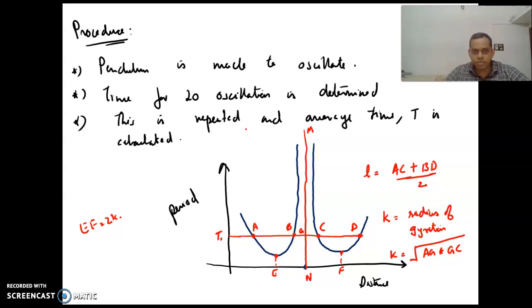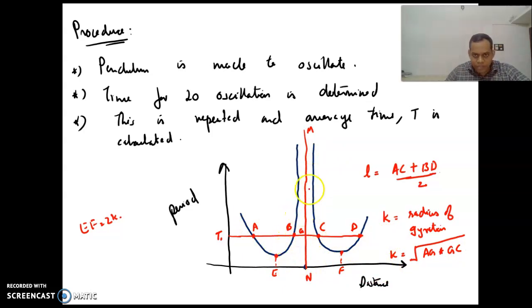We will be noting the time for ten oscillations, and we will be repeating the procedure for different distances, and repeating a number of times so that we will be able to get a better result, and we will be calculating the average time and time period using this. Now we will be drawing a graph taking period on the y-axis and distance on the x-axis. The graph will be having two branches.